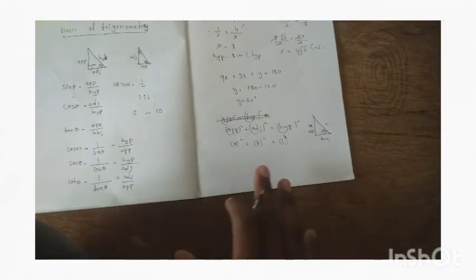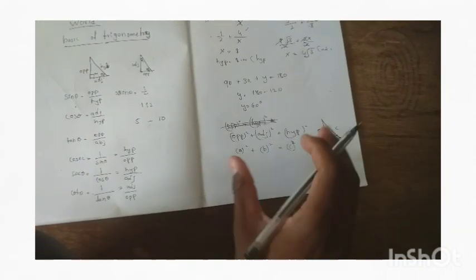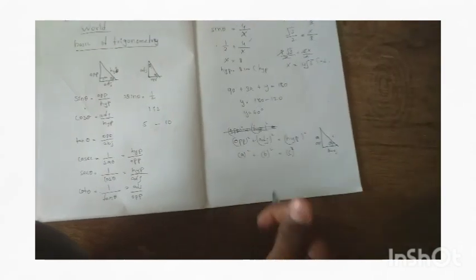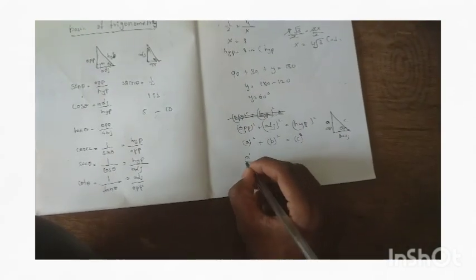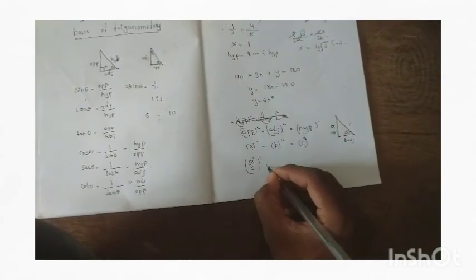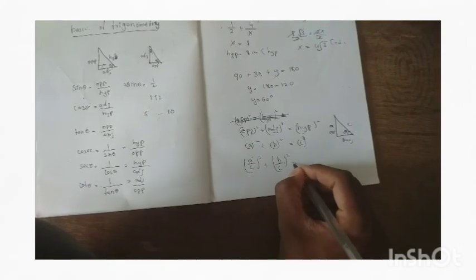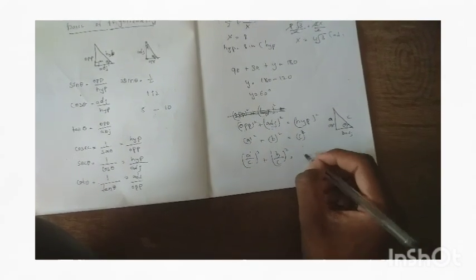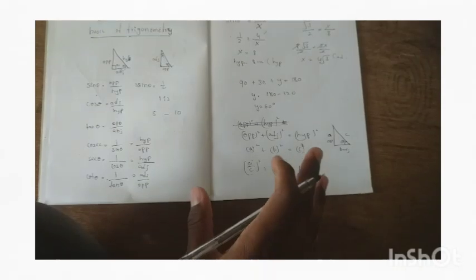If we divide all sides by C square, we get A by C whole square plus B by C whole square equals C square by C square, which is 1. It is very simple.